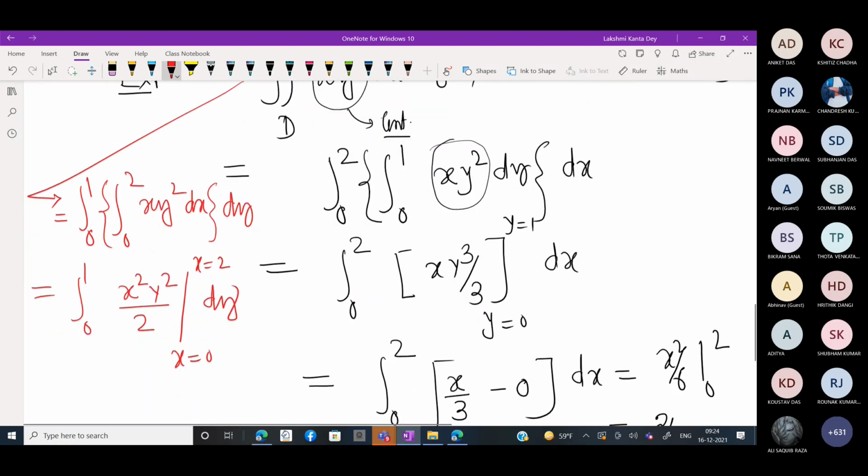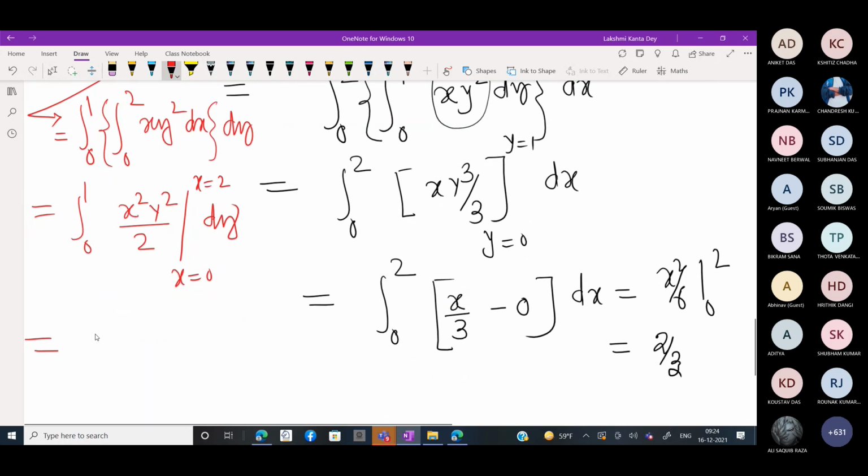Ultimately, this is 0 to 1. Now we look at it. What is this? It is 2y square minus 0.